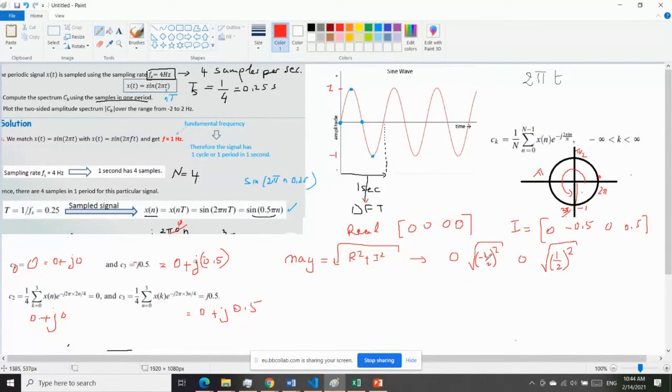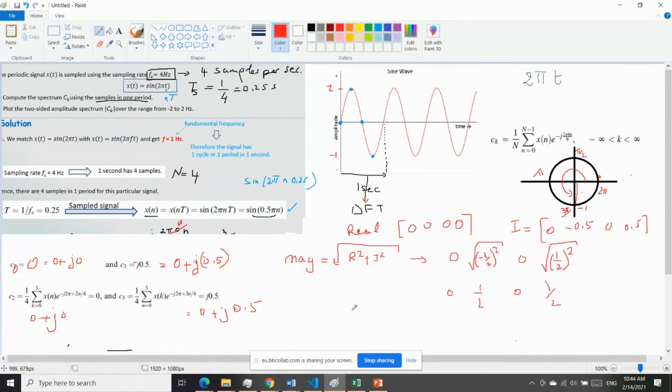The value of minus half squared is 1/4, but then you do the square root and it becomes 1/2. And this is the same, 1/2. So the magnitude is this.